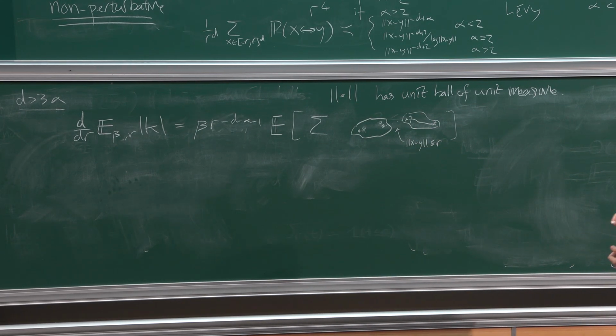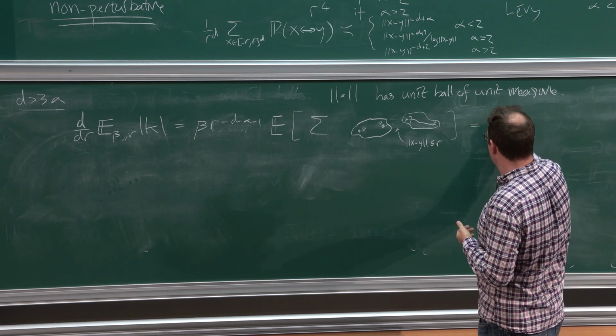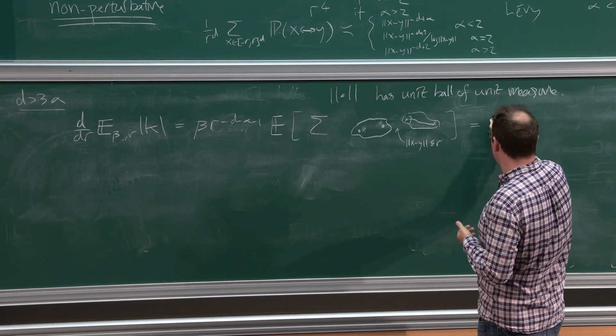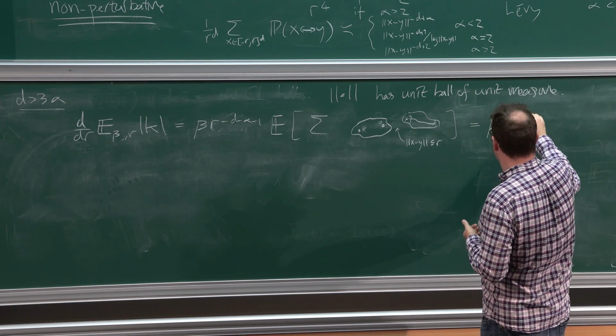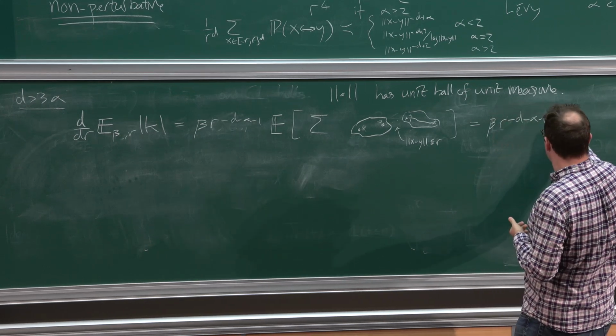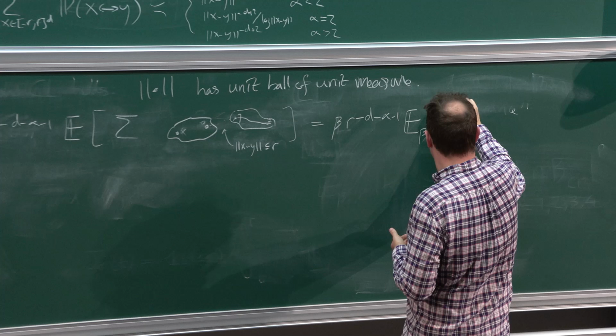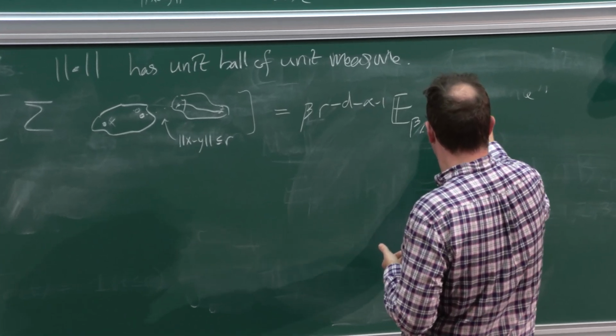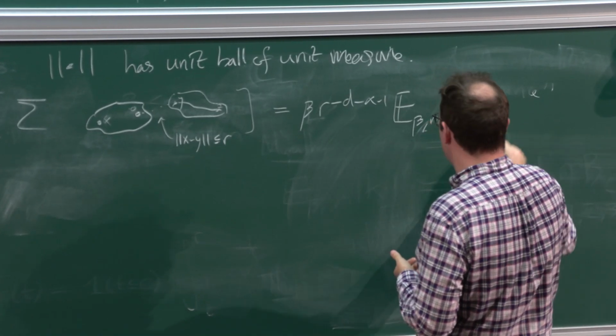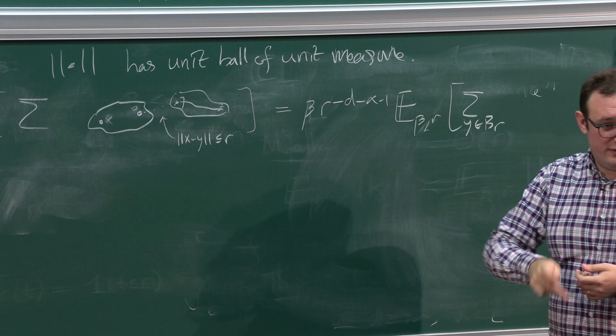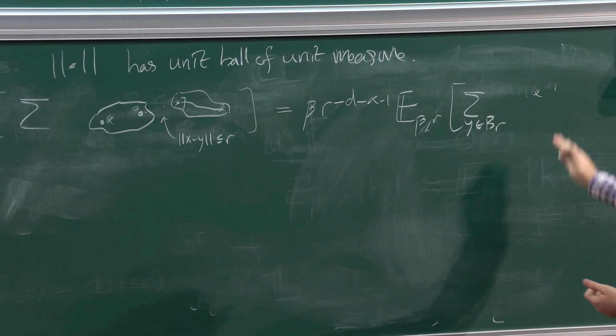In other words, you get just beta times this term, times the sum over y, now in just the ball of radius r around the origin, which I'll denote by B_r.